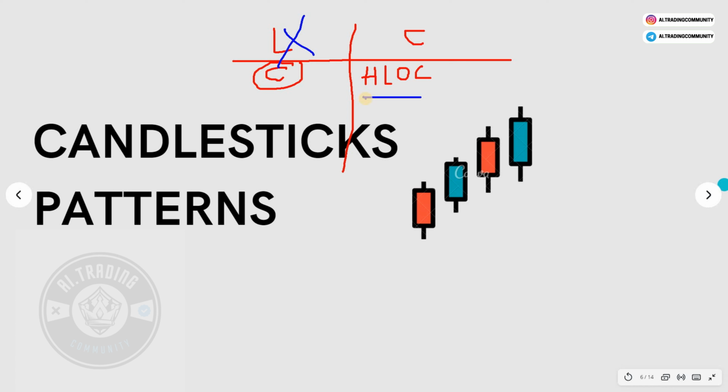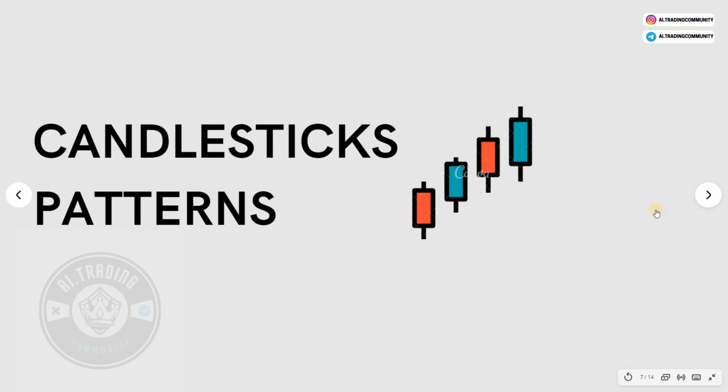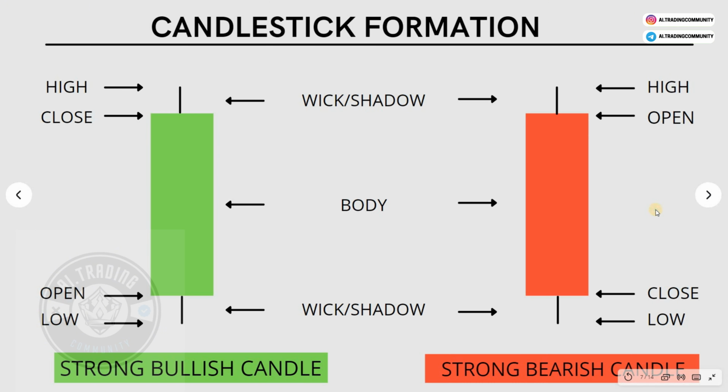Then we have two parts for a candlestick: a body and a wick or shadow.